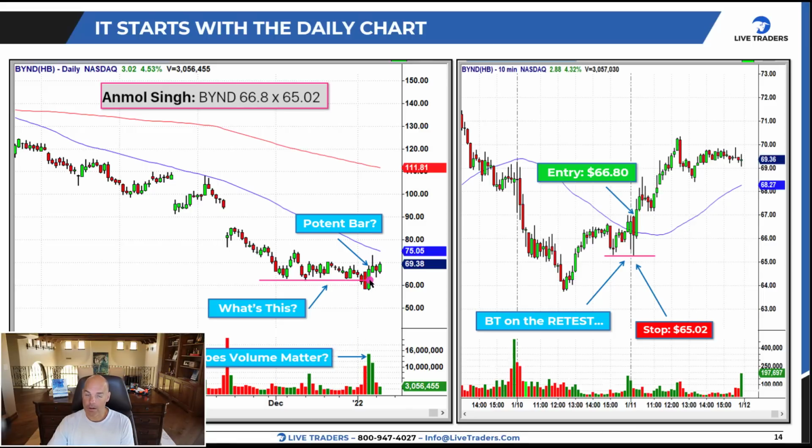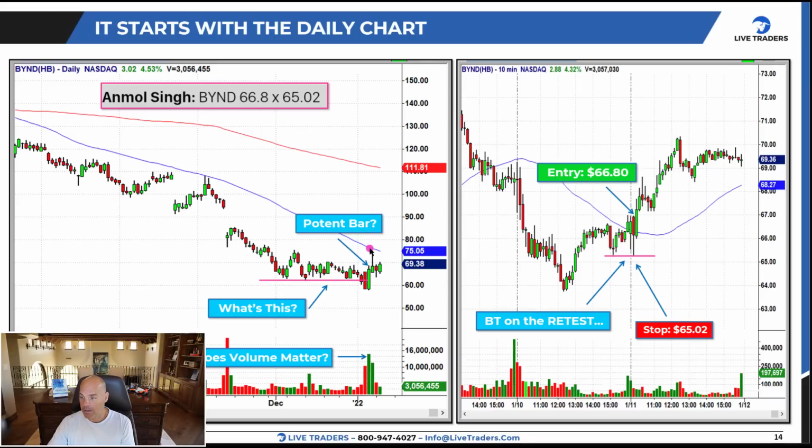Wide range green bar, not so nice. And that on a higher time frame is going to leave a bit of a bottoming tail. Okay, so now you're looking at the $69 or $70 area as a possible move back higher.